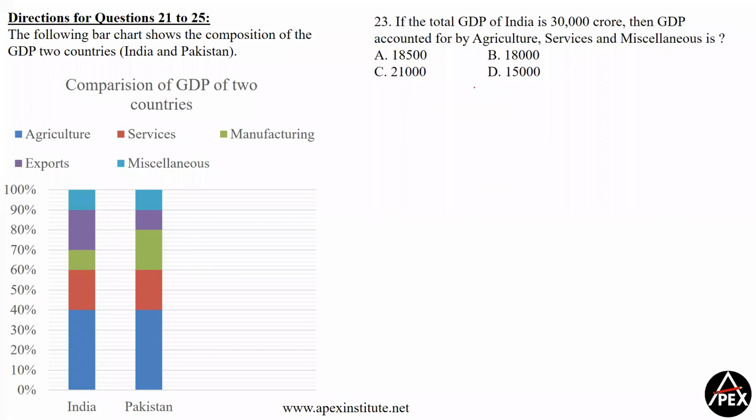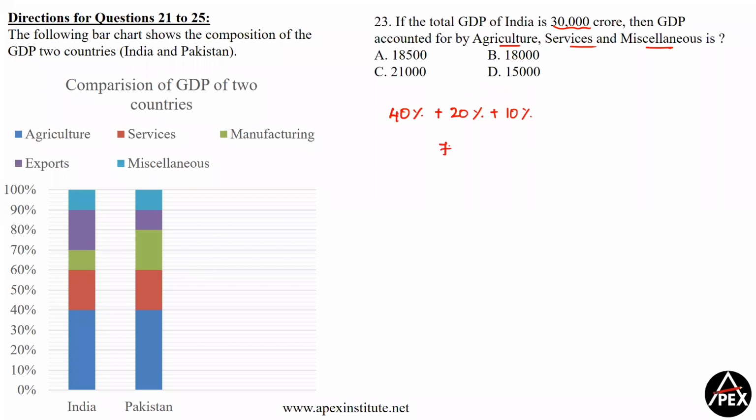Now coming to the 23rd. If the total GDP of India is 30,000 crores, then the GDP accounted for by agriculture, services, and miscellaneous: agriculture is 40%, services is 20%, miscellaneous is 10%, isn't it?